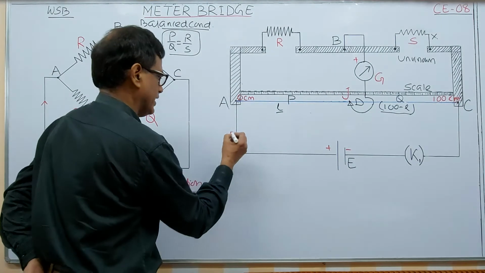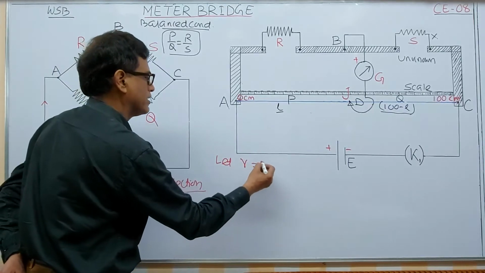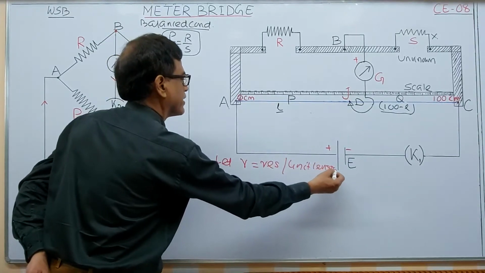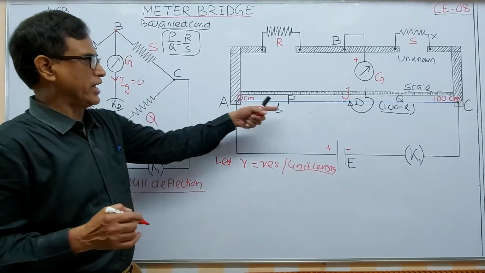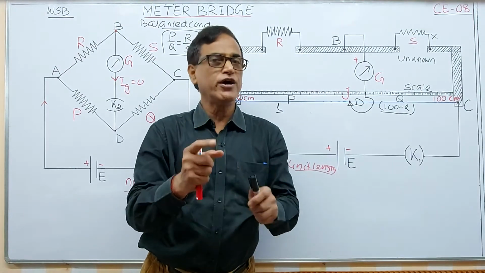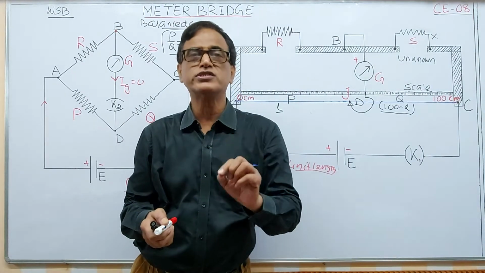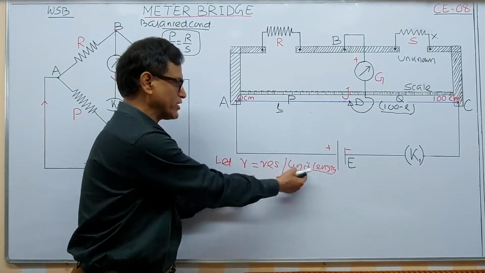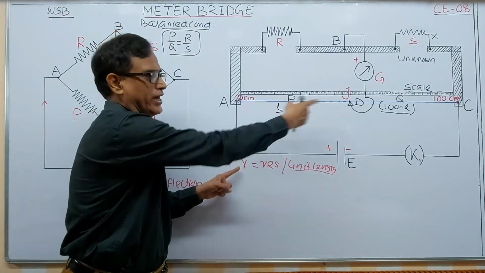See, let R be the resistance per unit length. Practically this wire should have uniform area of cross section, otherwise the resistance per unit length will change, but we are taking that resistance per unit length of this blue wire remains same.